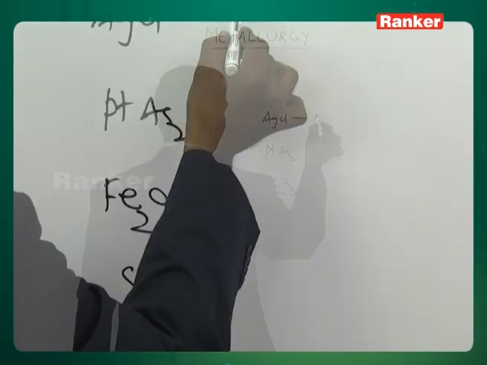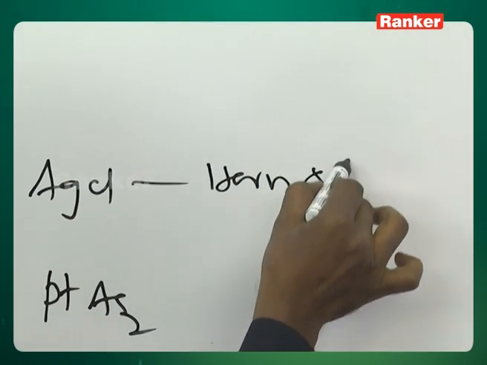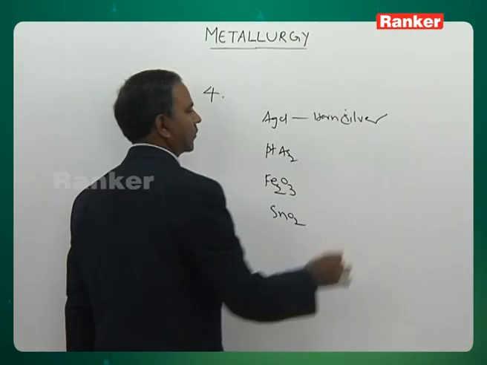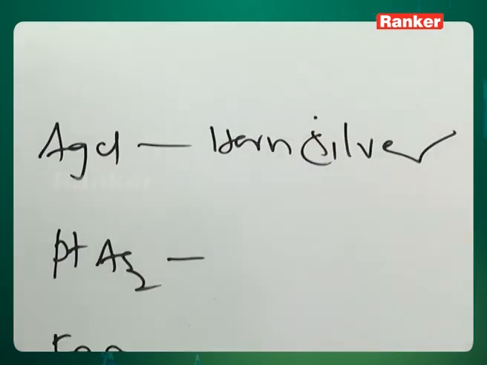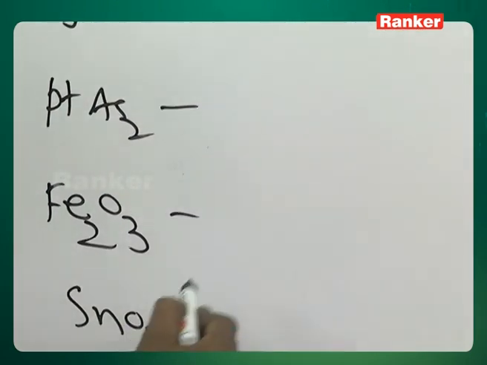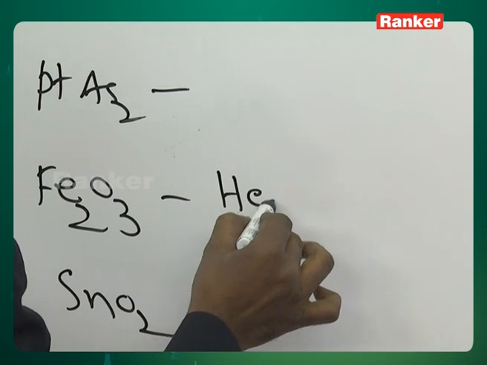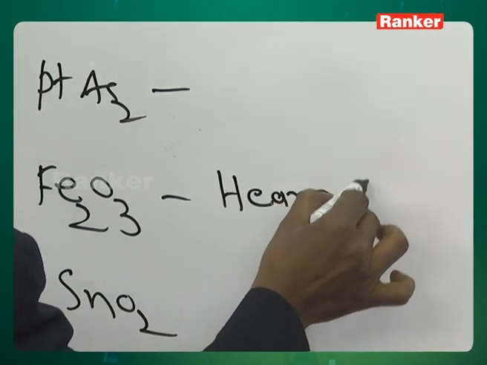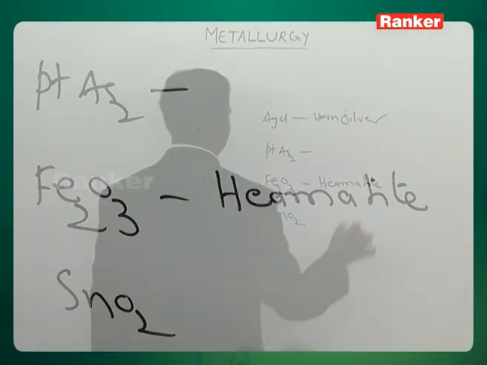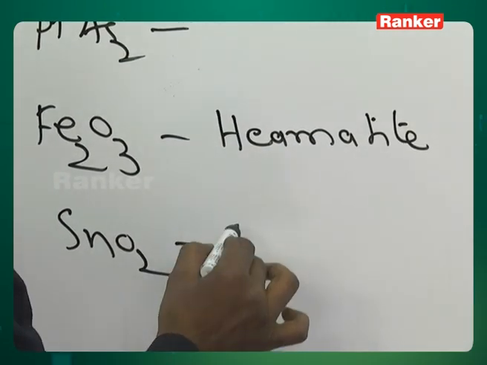You might be knowing this AgCl, this is actually horn silver. Let us see, Fe2O3, it is hematite. SnO2, you might be knowing this, this is tin stone.